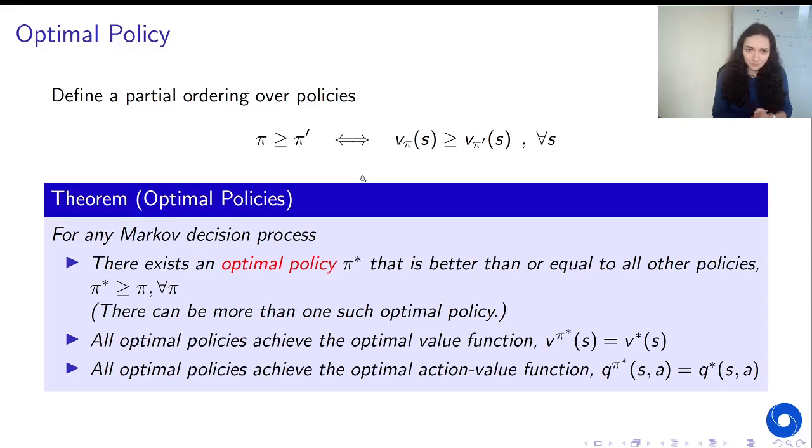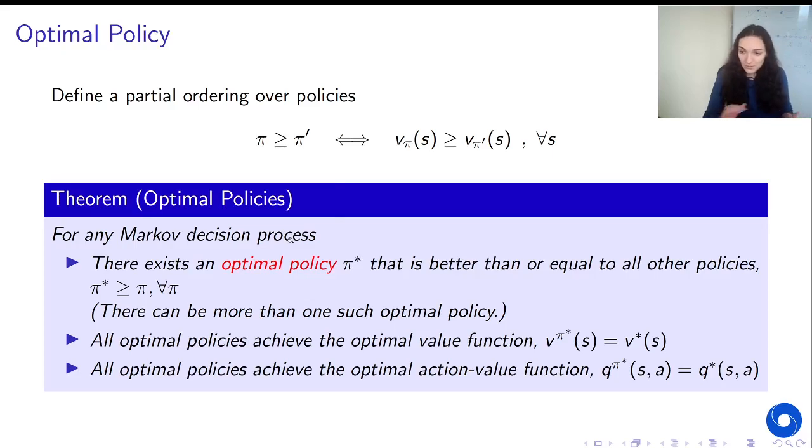In terms of optimal policies, it's good to notice that there's a partial ordering in the policy space. We're going to say that a policy pi dominates a policy pi prime if, for every state in the environment, the value associated with that state under policy pi is greater than or equal to the value under policy pi prime.